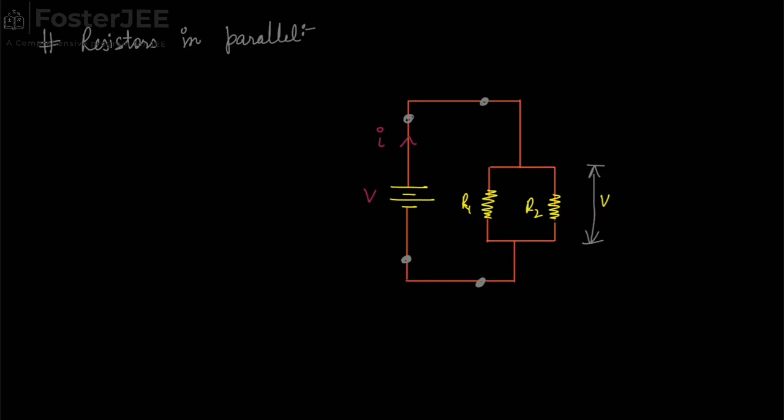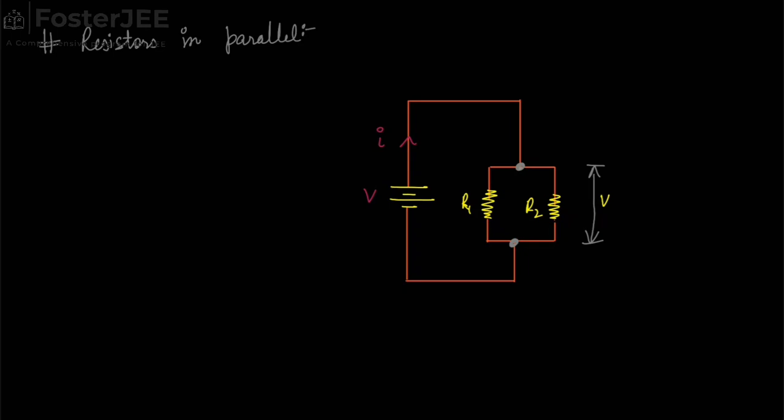That will be V only. Now let's remove these points. Now what will be the potential across these 2 points? Since it's connected to the battery, the potential difference across it is the same as V.